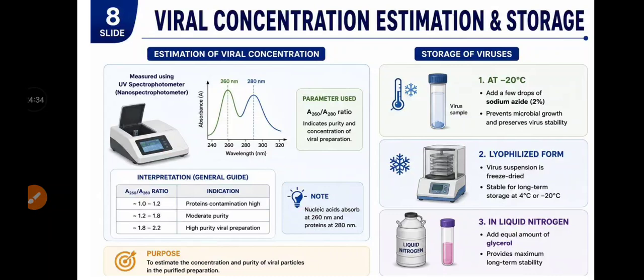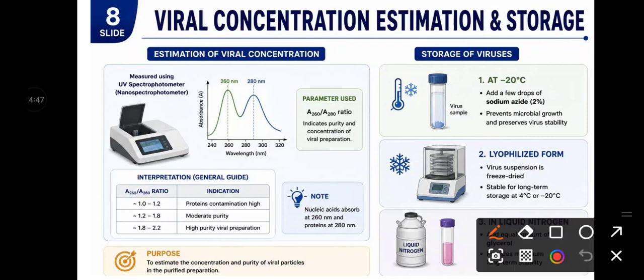How to check the virus concentration as well as its purity? We will check that using a spectrophotometer. Colorimetrically we have to estimate, that is by using the nanospectrophotometer. I have already discussed this in the previous video about virus diagnosis methods.